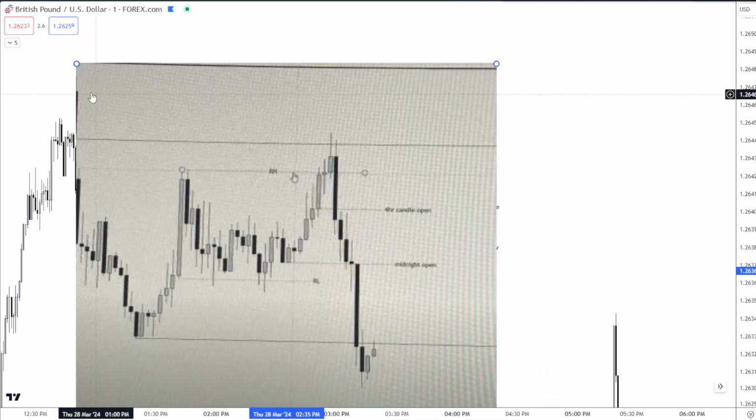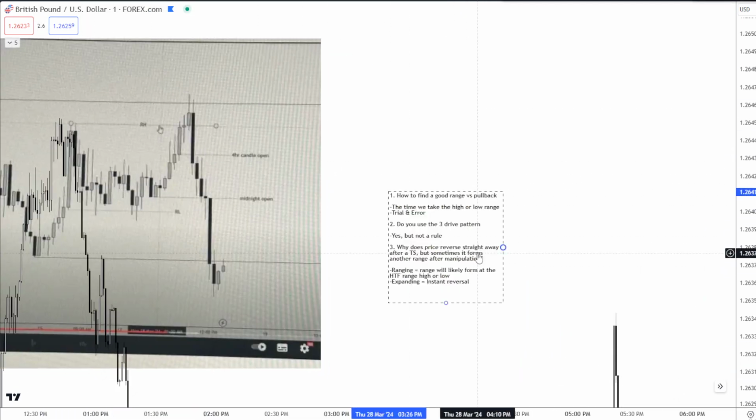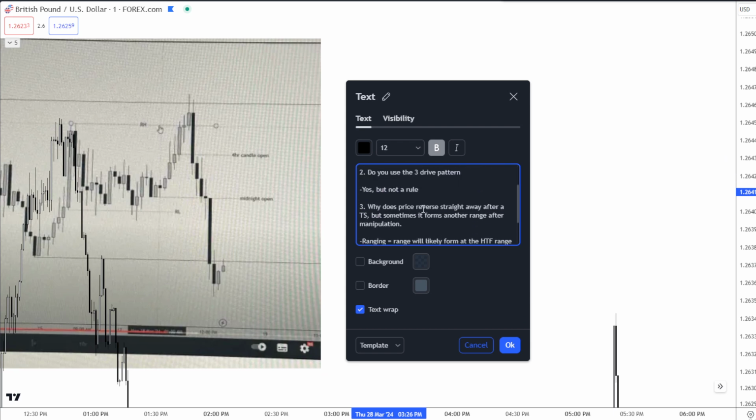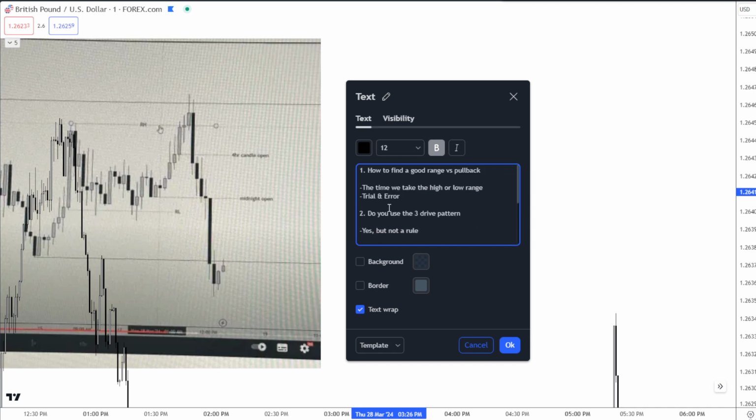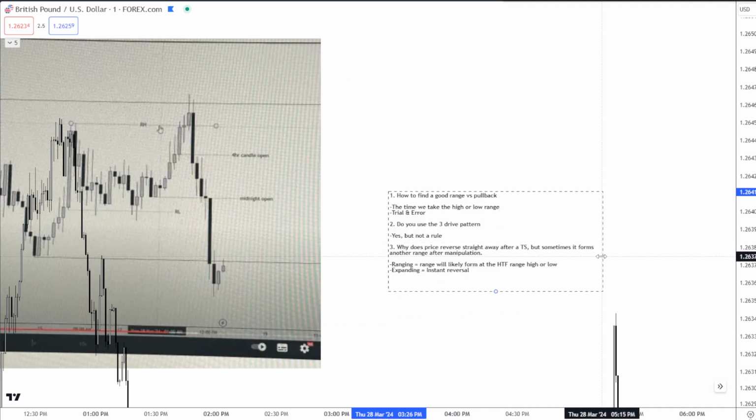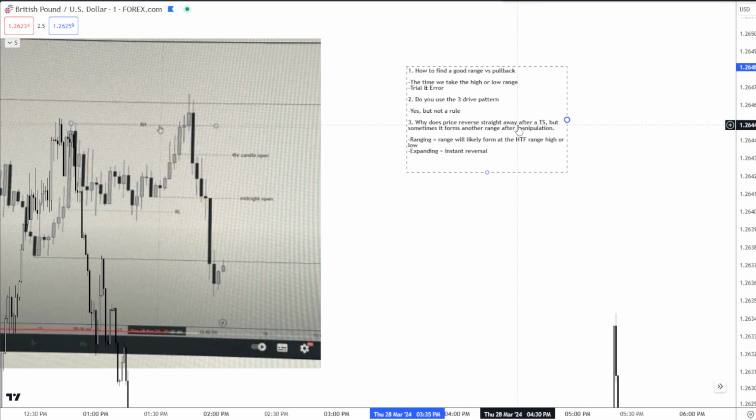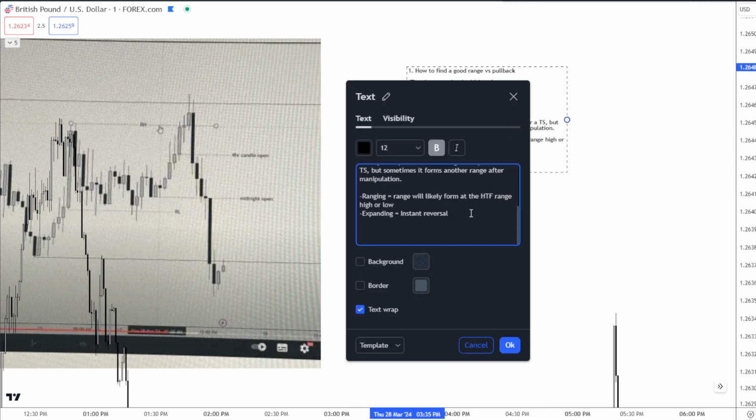The reasons for this are time, right? Why do we take the range high or low multiple times?